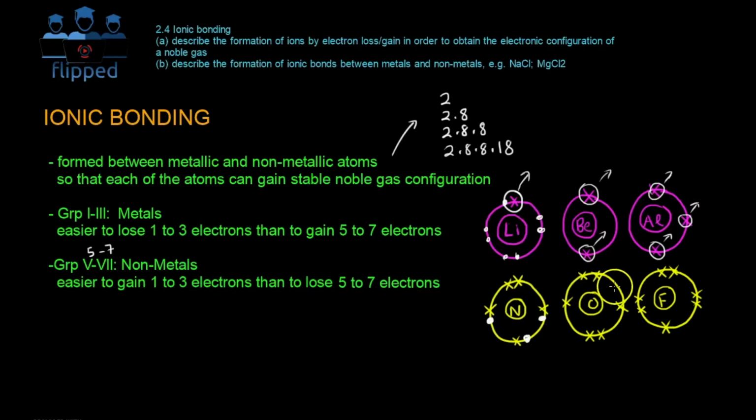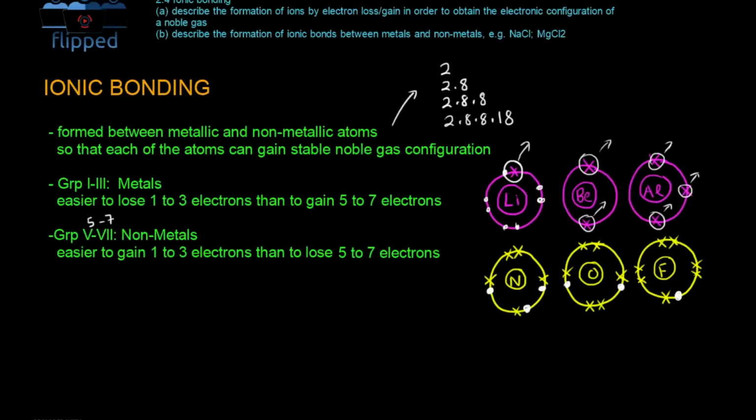For oxygen, it has already 6, so it would rather gain 2 electrons. Similarly, fluorine gaining 1 electron is sufficient to form 8 outermost valence electrons. As long as they form this holy grail, they will take the easiest way to form it. For metals, they will lose electrons. For non-metals, they will gain electrons.